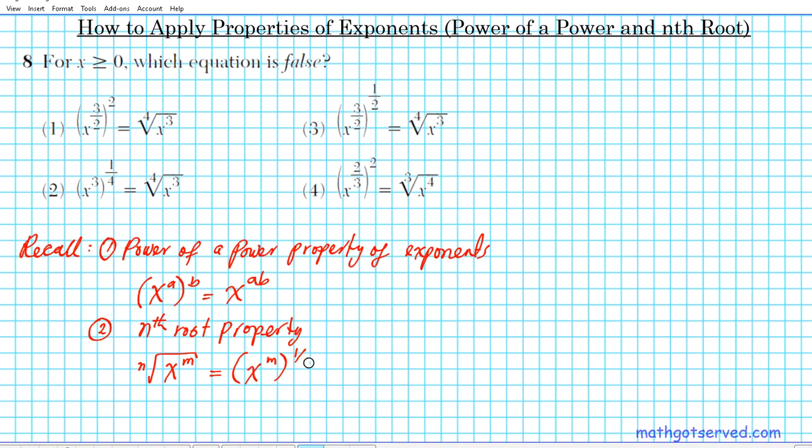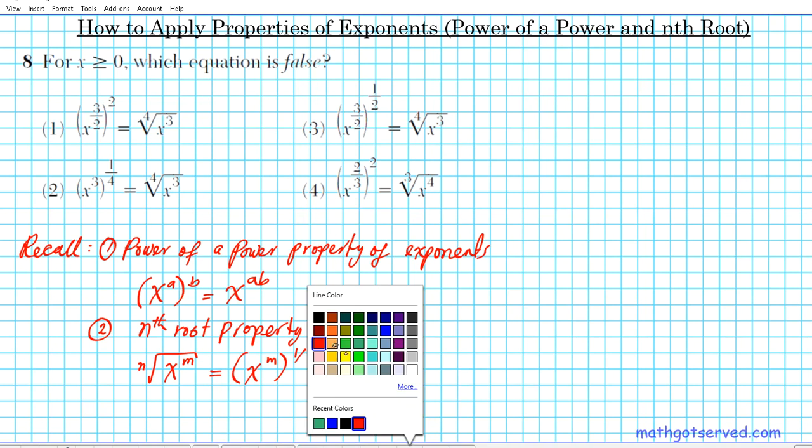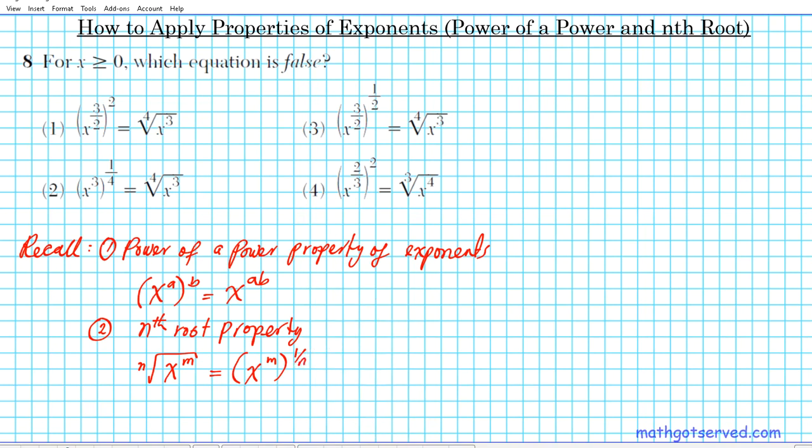And then we can apply the power of a power property here, and that's going to be x to the, multiply the powers, m over n. Okay, so these are the two properties that we're going to be using.